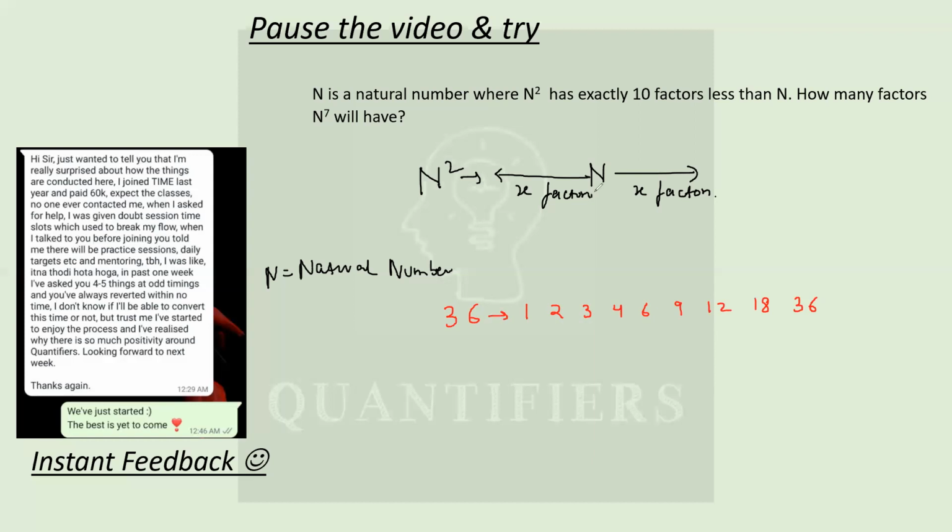Now I told you that n will always come in the middle. You can even check it. If n square is 36, that means n is equal to 6. So here students, you can see n is coming in the middle. You can see there are 4 factors greater than 6, and there are 4 factors which are less than 6 as well. बहुत ही important concept है. I hope ये concept सबको clear है.